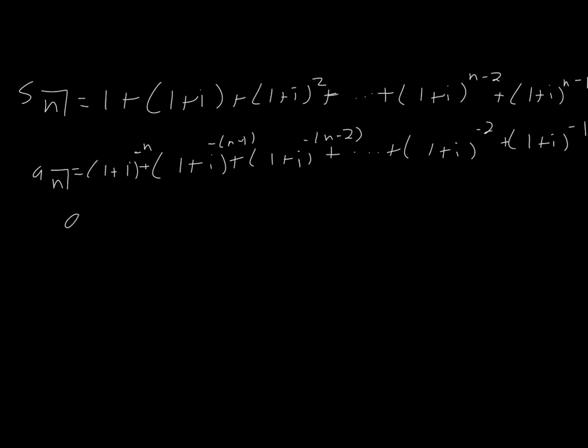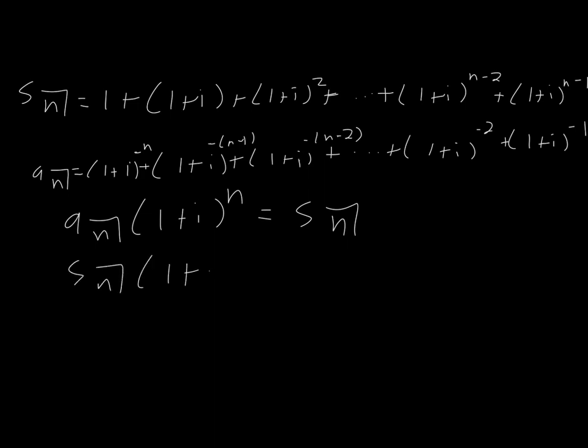Basically, if we take every A angle n term and multiply it by (1 plus i) to the n power, then term for term we are going to get S angle n. And by the same token, if we take S angle n and multiply by (1 plus i) to the negative n, what would we get? Well, we would get A angle n.